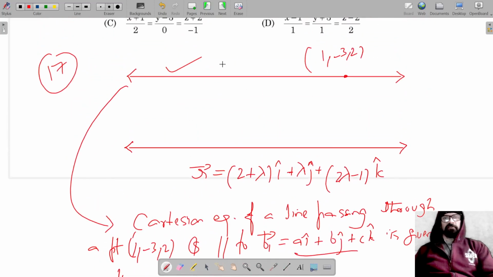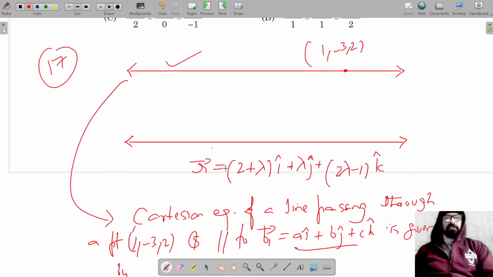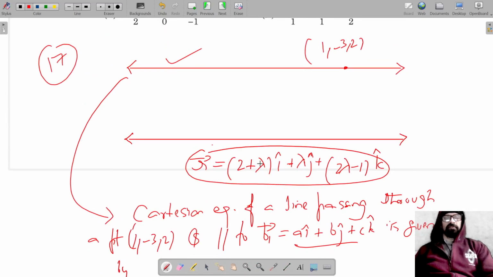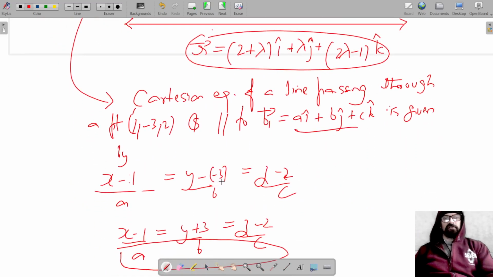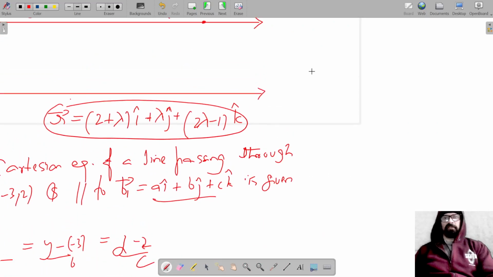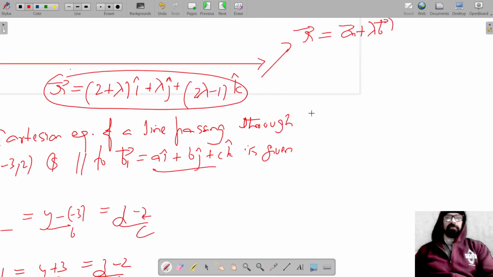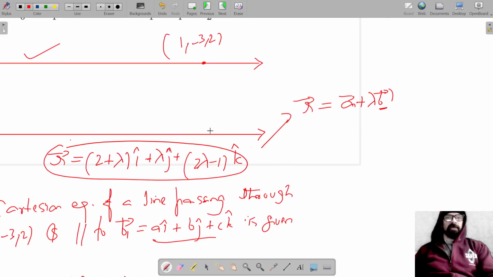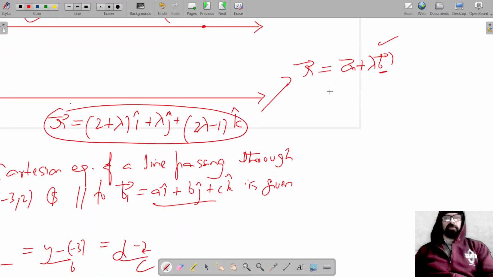This line is parallel to the given line, and the equation of that line will give us the direction ratios, because we will try to get it in the standard vector equation form, which is a vector plus lambda into b vector. Because these two lines are parallel to each other, they will be parallel to the same b vector. So let's get this converted into this form.